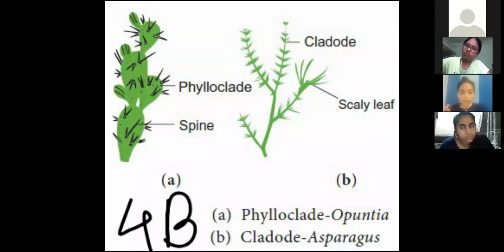Next thing: phyloclade and another term that we call cladode.